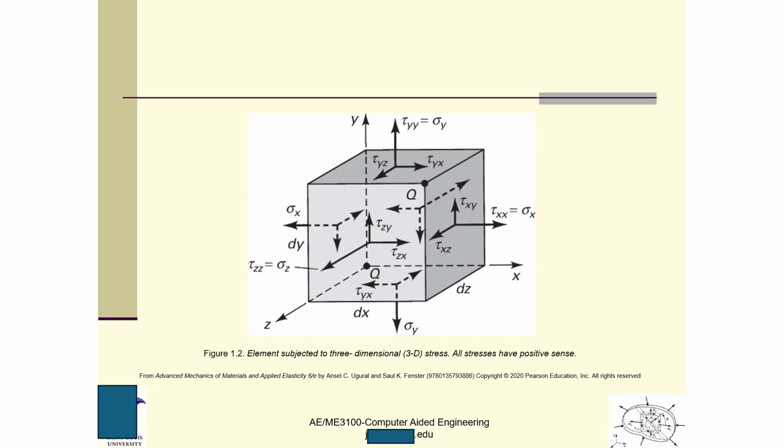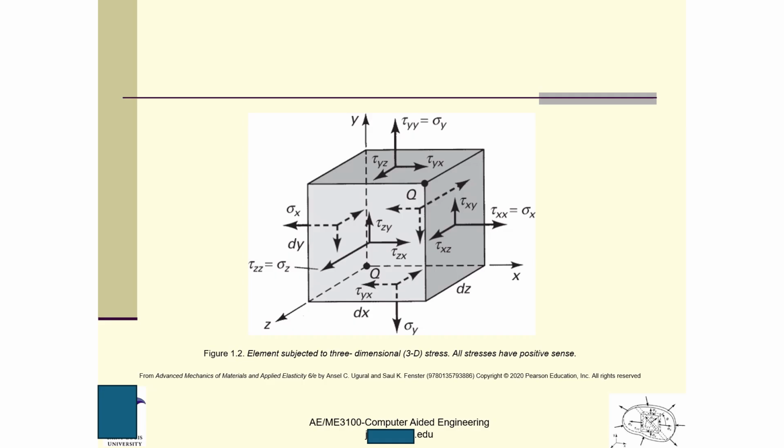This is an infinitesimally small cube, with axes x, y, z. This cube has six faces, and on each face we have stress components. For example, on this red face we have sigma x, the normal stress.